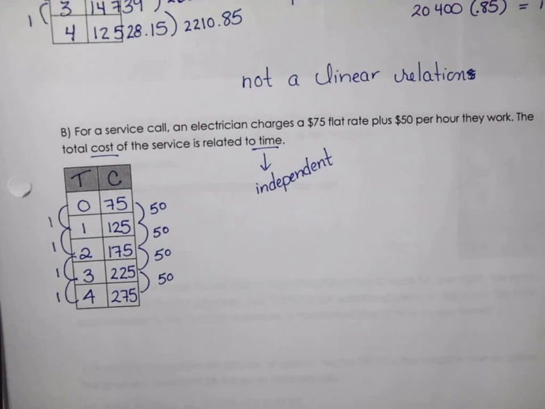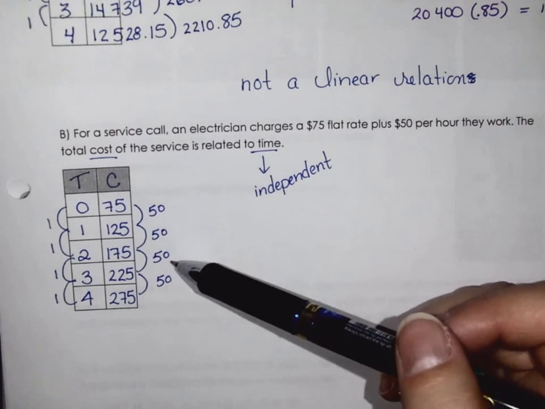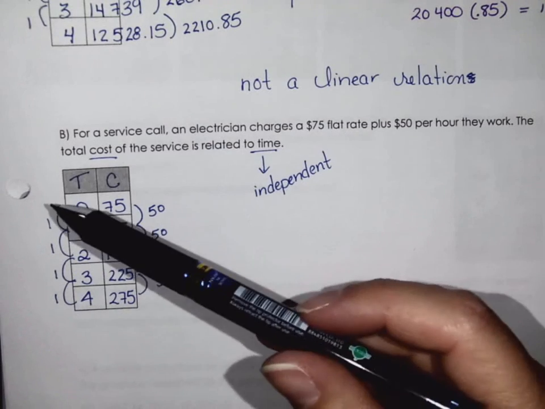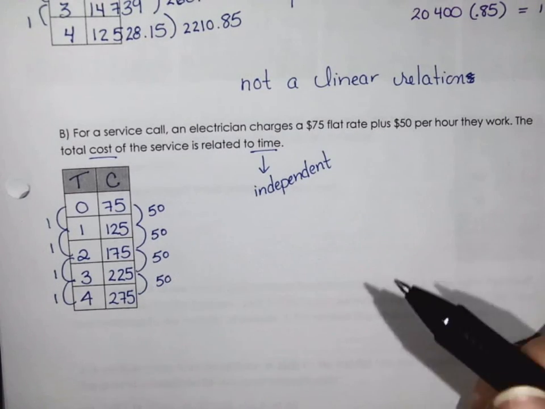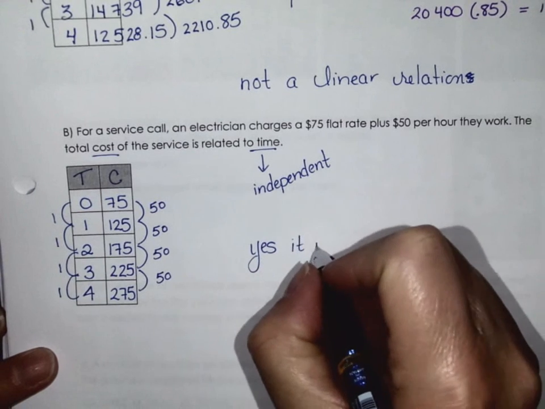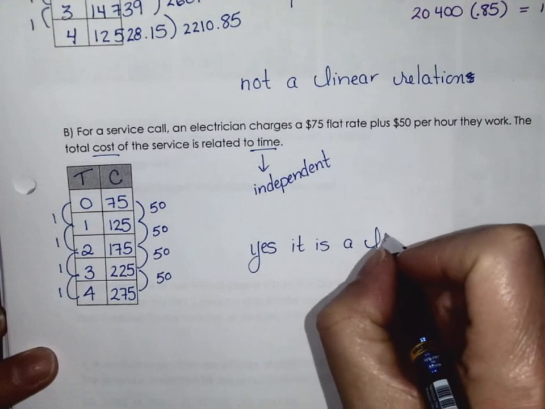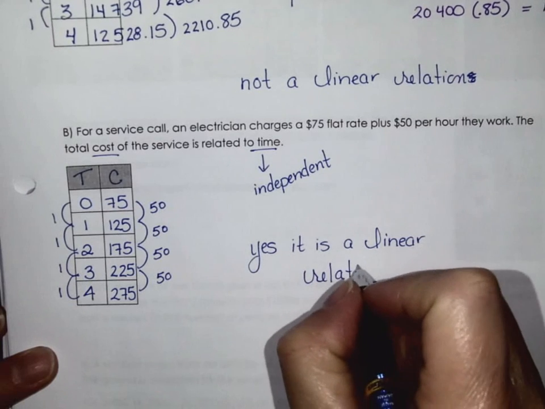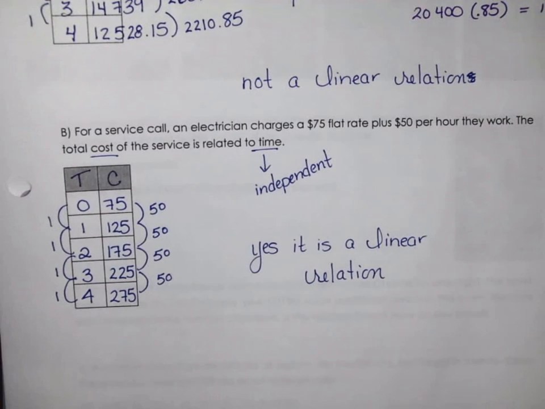Yes, it is, because the pattern increases by the same amount on both sides. So yes, it is a linear relation.